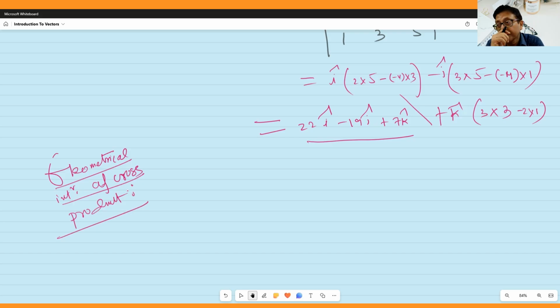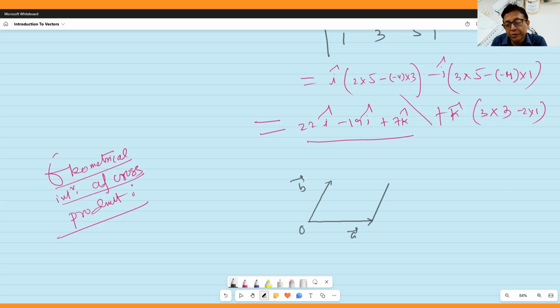What does it represent? A cross B. Imagine we are forming a parallelogram by sides of parallelogram. A and B form the sides of parallelogram. Imagine the parallelogram is going to be completed for the sake of cross product result.